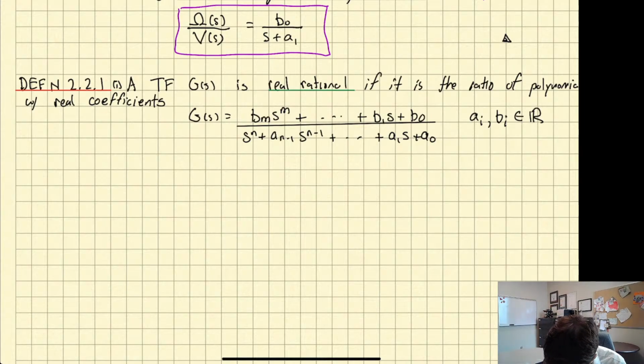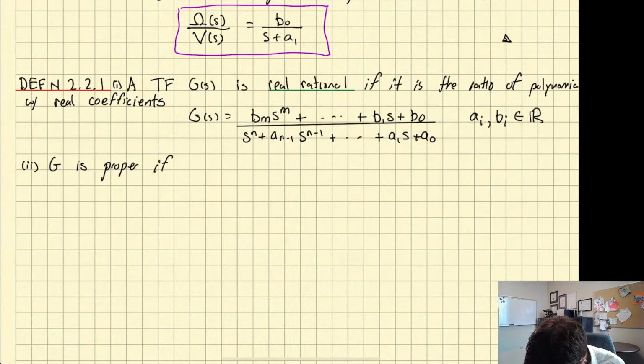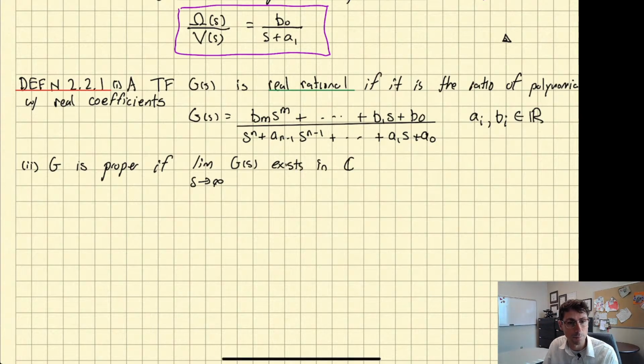Okay, we're going to say that G is proper if the limit, as s goes to infinity, of G of s exists. In other words, you get some complex number.